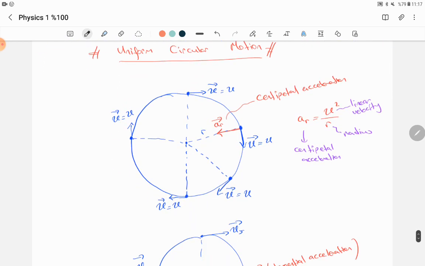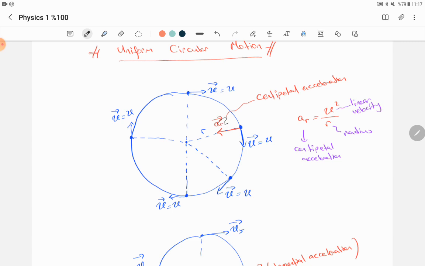If we look here, if there is an acceleration here, the centripetal acceleration, there must be a force, and this force is named the centripetal force.